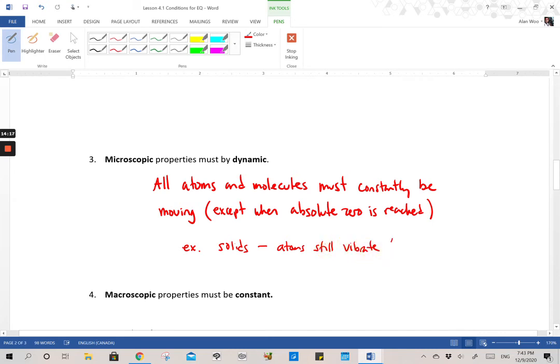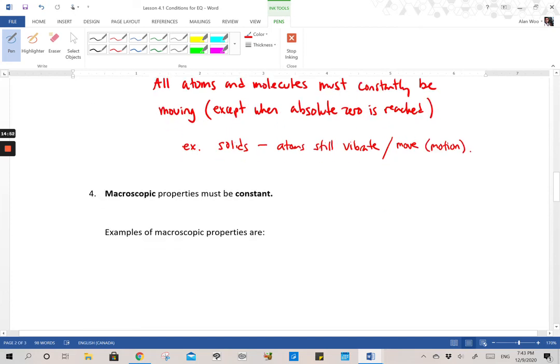Okay? Or maybe there's still some kind of phase change happening that you cannot detect. So they can still vibrate or move about. Okay? It's limited, but there's still motion. And that's the key. At the microscopic level, there must still be some kind of motion happening between your atoms and molecules.